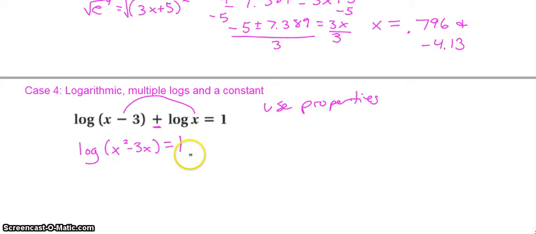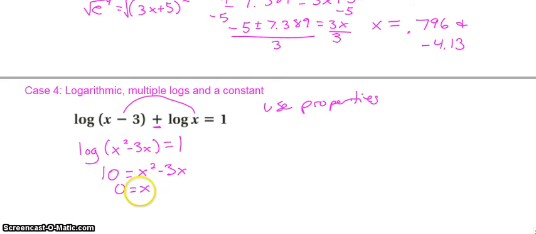So that is equal to 1. So all I've done is combined my logs. Now I'm kind of down to the previous case.